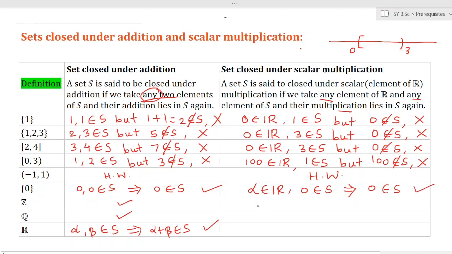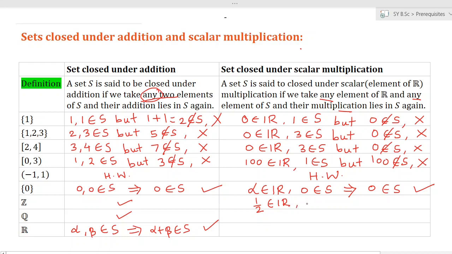So what about the set of integers? For the set of integers also, a smart choice should be there. Over here, I will pick my element of real number somehow, because you know how elements of Z look like.